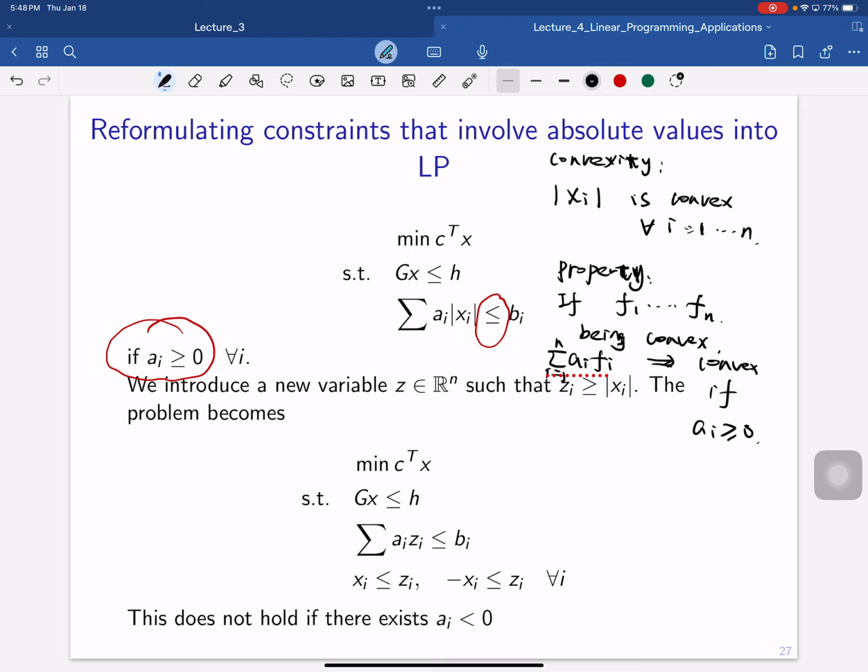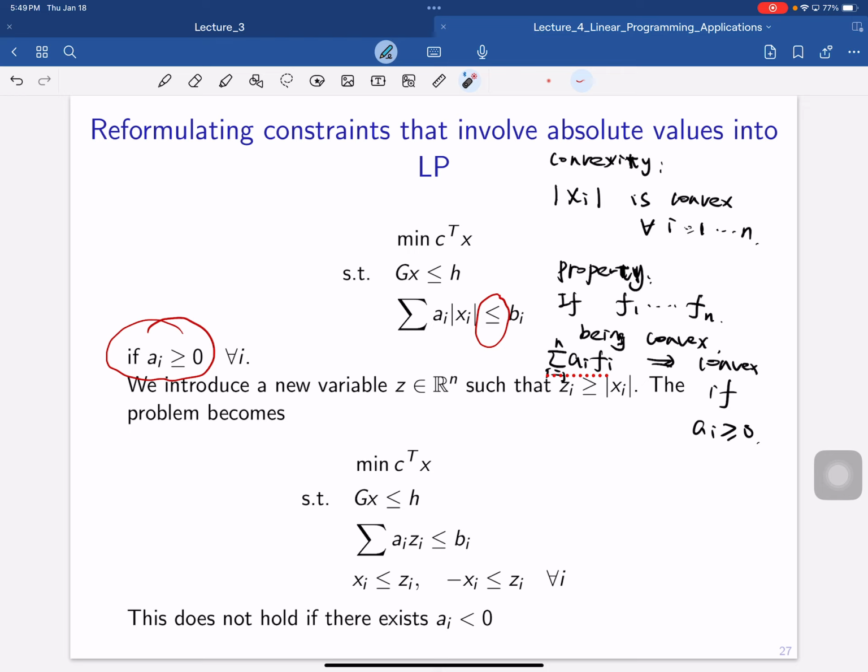Here, as you can see, we have a weighted sum of those absolute value functions. They are all convex. That's why this whole function on the left-hand side is a convex function. If you put that into a less than or equal to constraint, that gives you a convex constraint. If you change that to greater than or equal to, that will be a non-convex constraint.